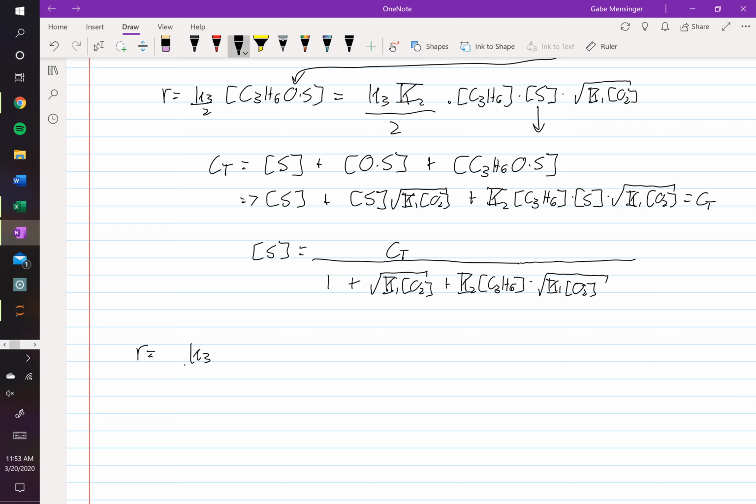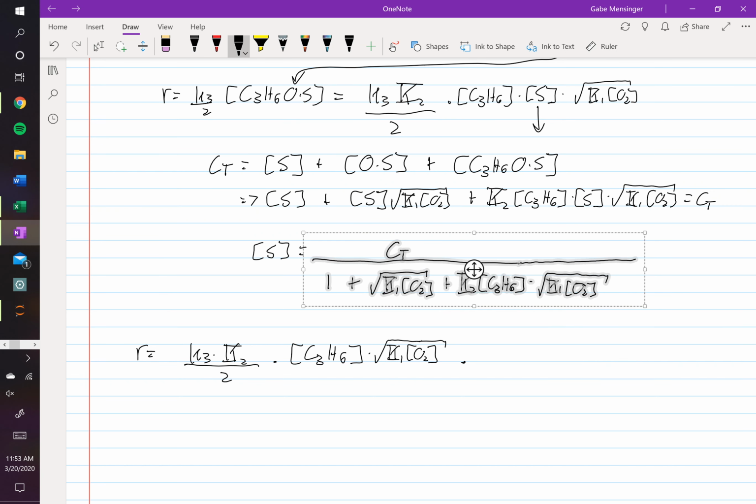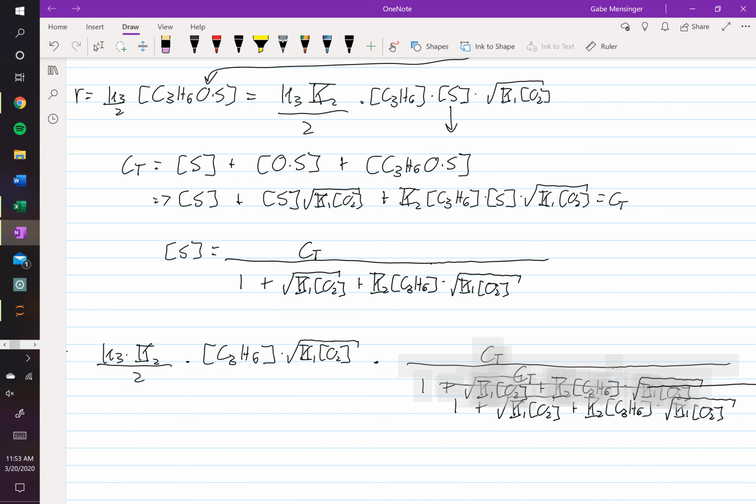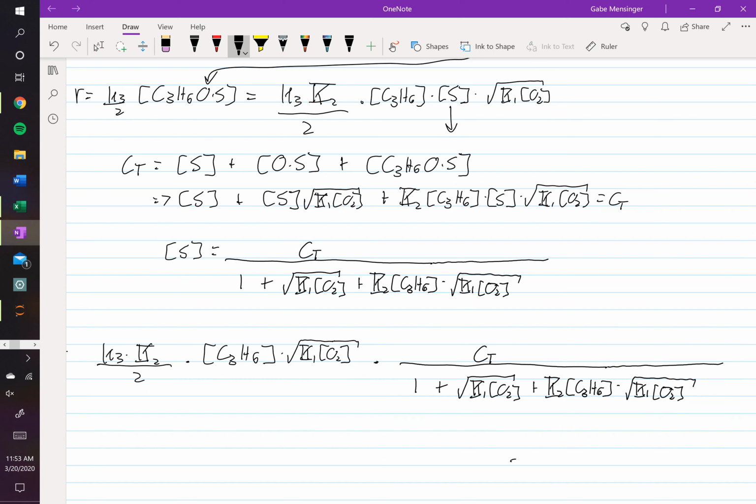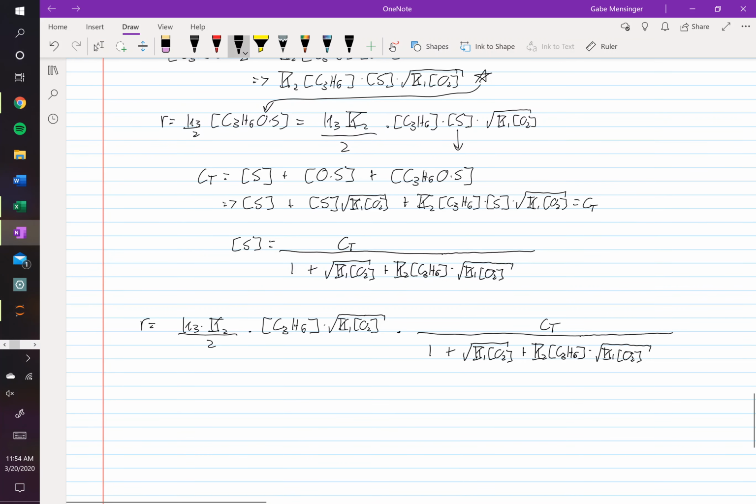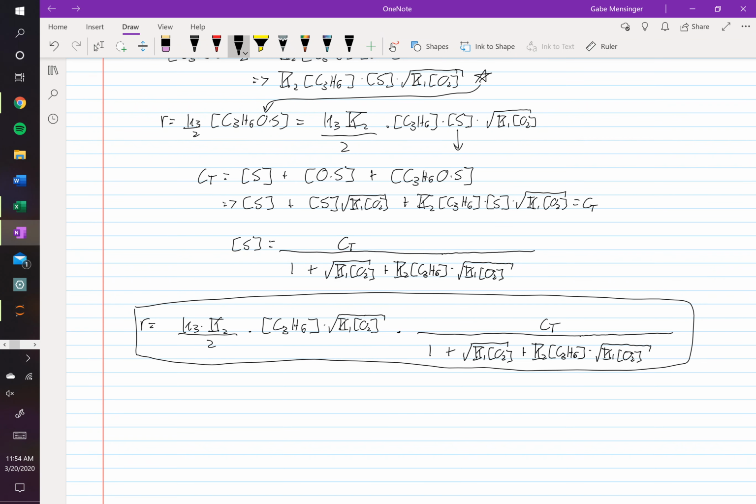So we have K3 times capital K2 over 2. Sorry, it's a little messy, but you get the gist of it. And that's part B.